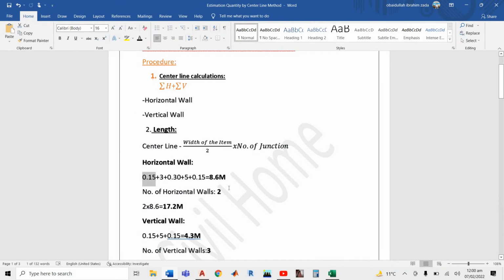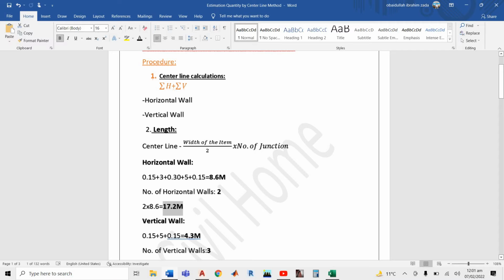So we multiply the number of horizontal walls by the total length of the center line in a horizontal wall. So 8.6 must be multiplied by 2. The 2 is just the number of your horizontal walls. So it becomes 17.2. The sum of your horizontal walls comes to 17.2.